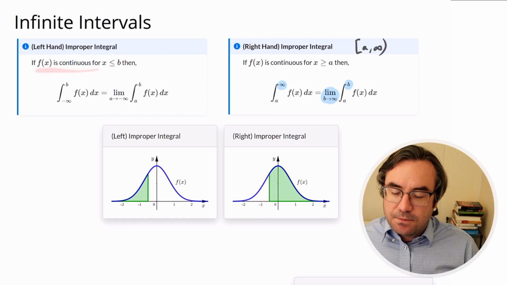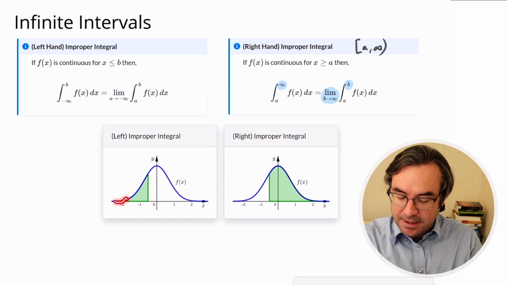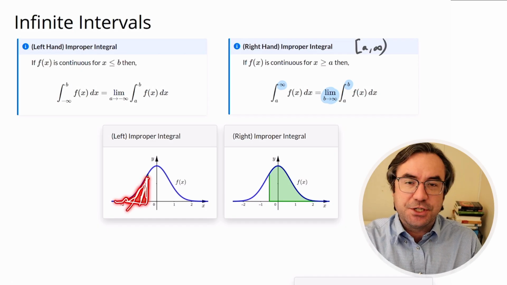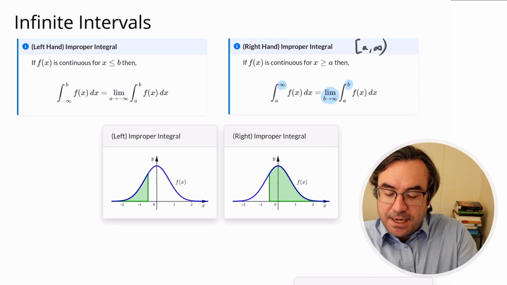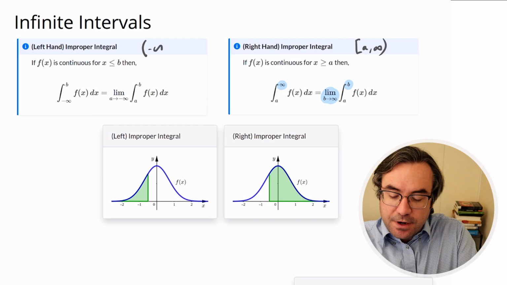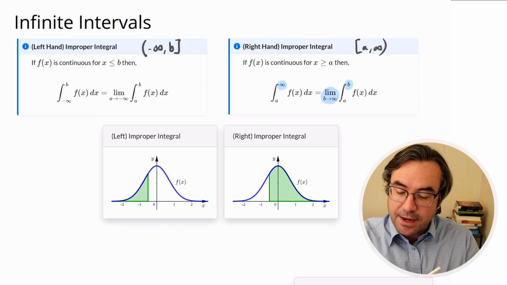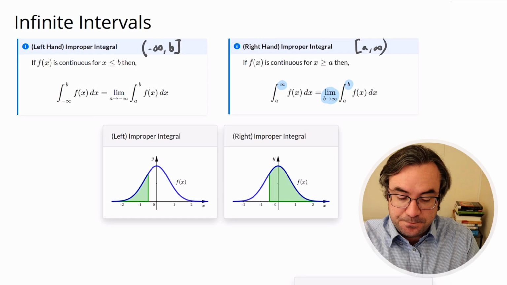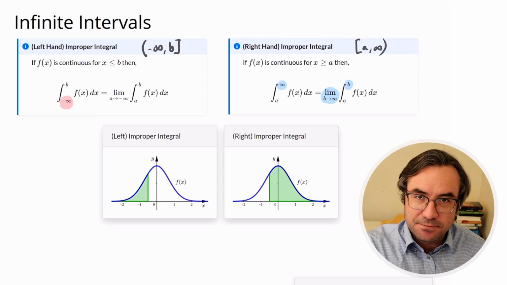So sometimes we call these ones left-hand improper integrals because we're looking at the left side region of our graph over here. And these occur when we're attempting to integrate over an interval from negative infinity to some number b. All right, so how do we handle these? Very similar. That minus infinity is not an actual number.